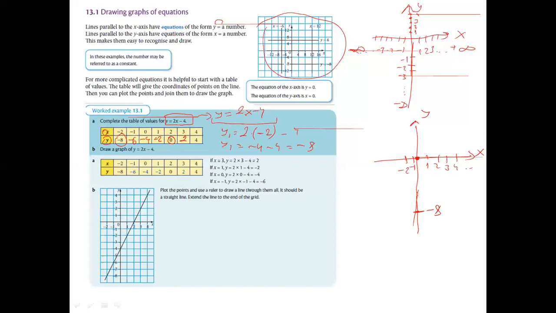For x we have negative 6, negative 4, negative 2, 0 here approximately, and 2 and 4. So when you put minus 2 in place of x, you will get minus 8.